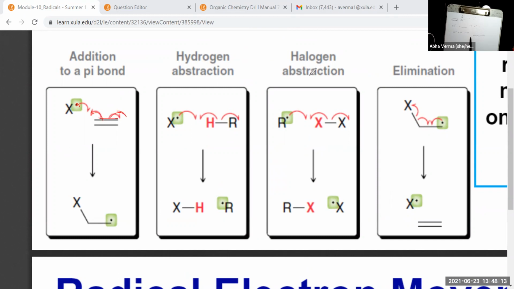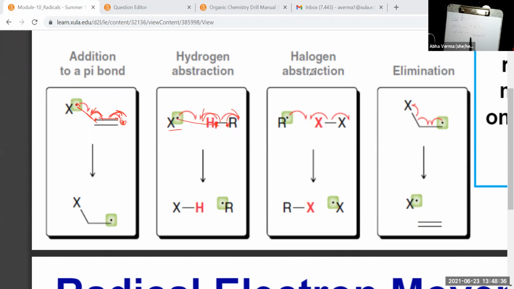You will split the pi bond. The electrons here will make a new bond with this. A new radical will be generated at this point. Next, a hydrogen abstraction. There is a radical. There is an even split of electrons. This electron, this electron.